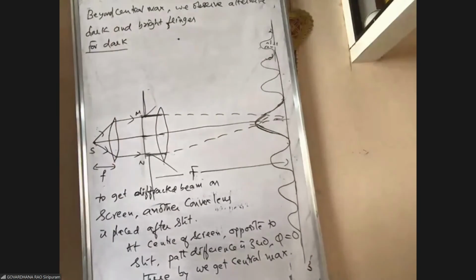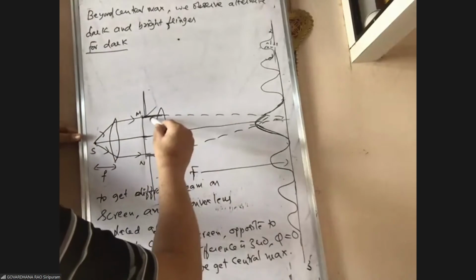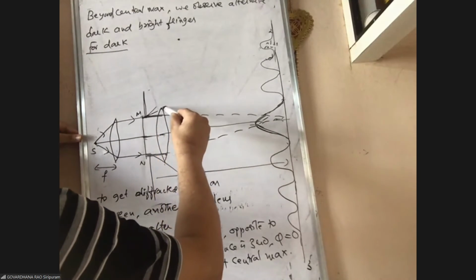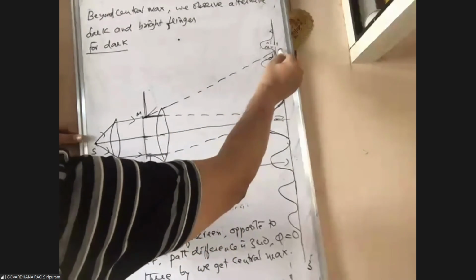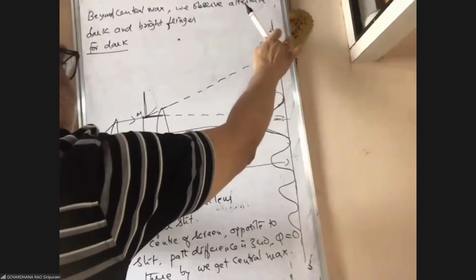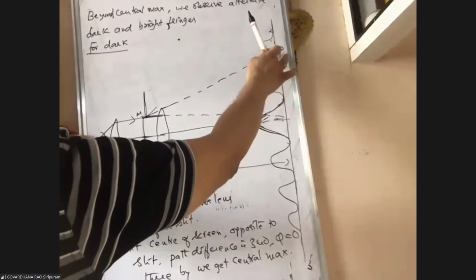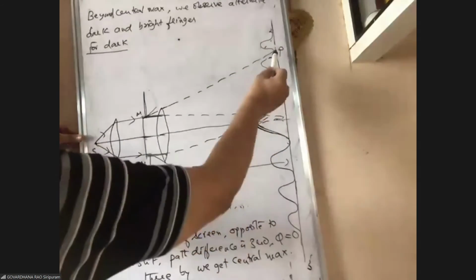For the dark, how will you get the dark? You take some point P here. You are getting the dark here.